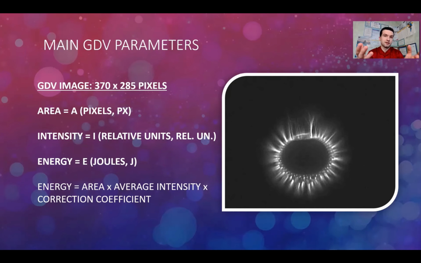As long as this light is in quanta, in photons, this photonic emission, and as long as we know approximately the wavelength, around 300 nanometers, the violet part of the spectrum, we can more or less make a calculation for each pixel and transfer these relative units of the digital format into joules of the absorbed light.